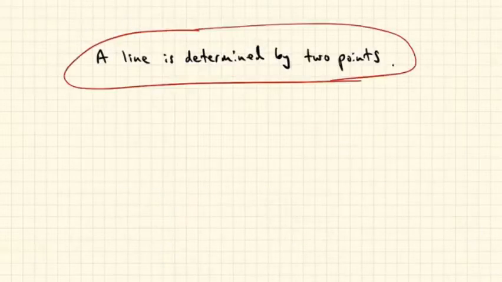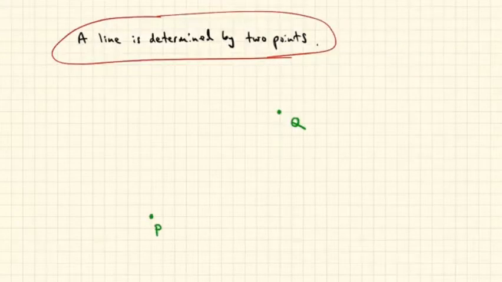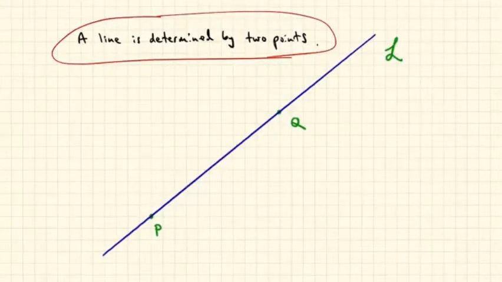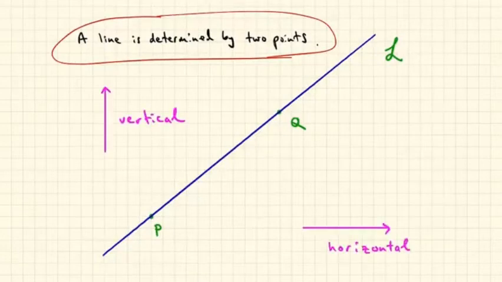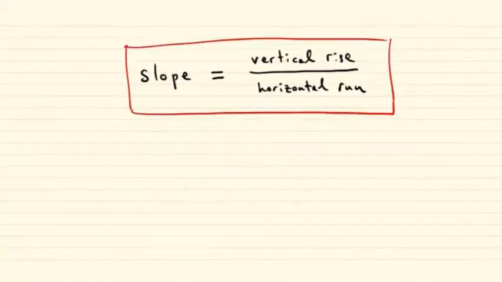Now, we've just used the general principle that a line is determined by 2 points. In general, call these points, say, P and Q, and draw a line between them. Notice that we have horizontal and vertical directions in the xy plane, and this leads to the notion of slope, which is the fraction or proportion obtained by dividing the vertical rise by the horizontal run, typically denoted by m.